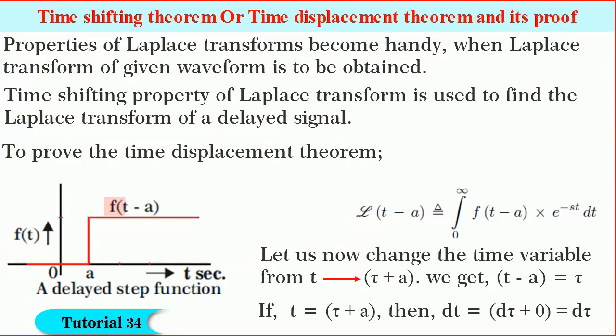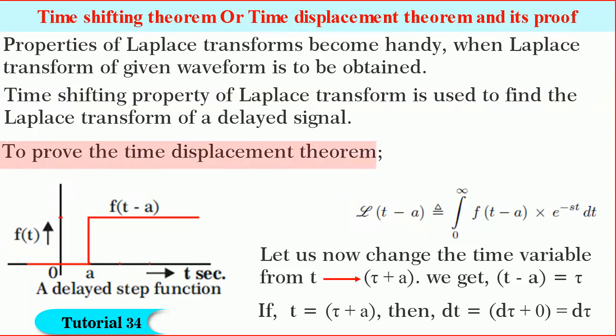Then the delayed function is represented as f of t minus a. You know that. And L of f of t minus a by definition is equal to integration from 0 to infinity f of t minus a into e to the power of minus st dt.